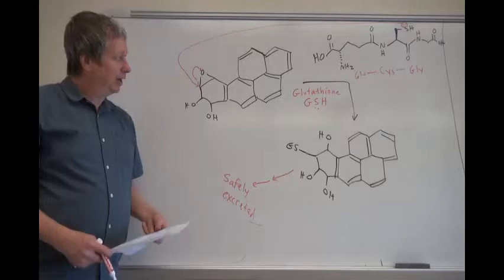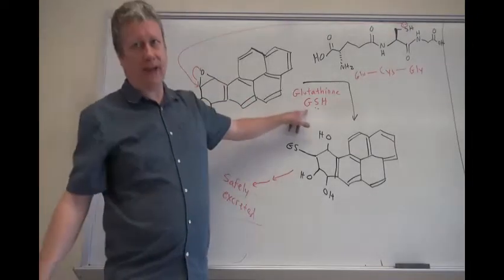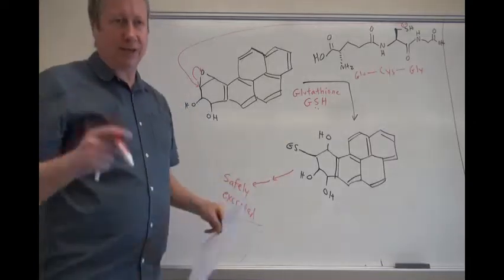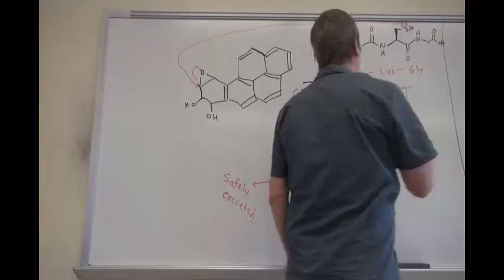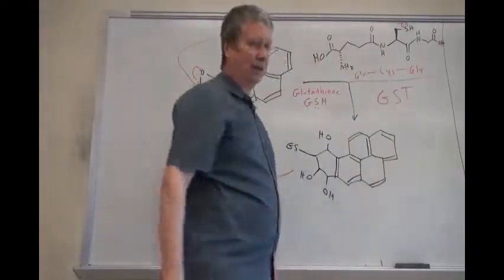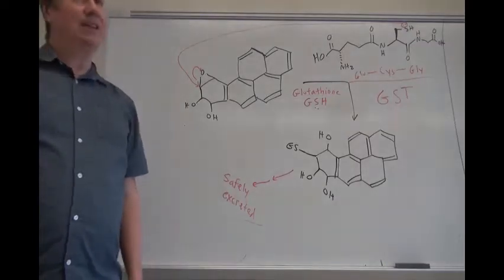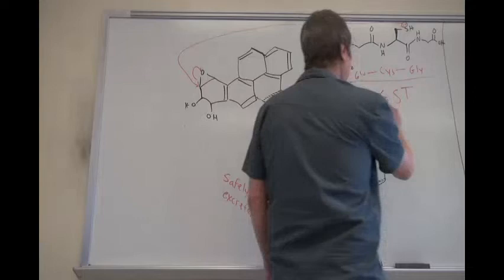Okay? I should also mention there is an enzyme. This isn't all just magically happening with glutathione. There's an enzyme called GST. That's an enzyme, GST. So GST is being used. What is GST? It's called glutathione S transferase.